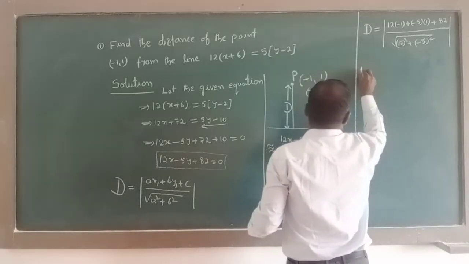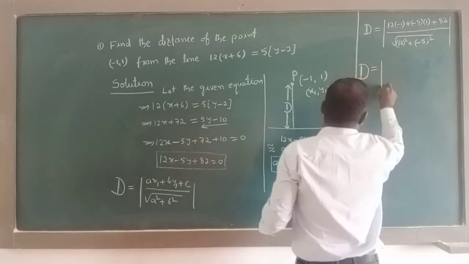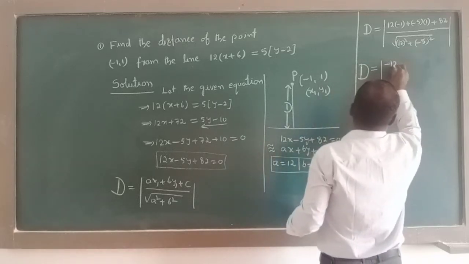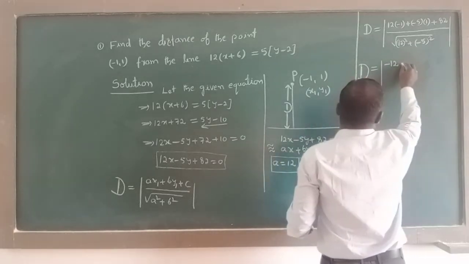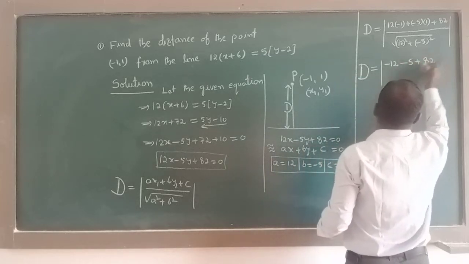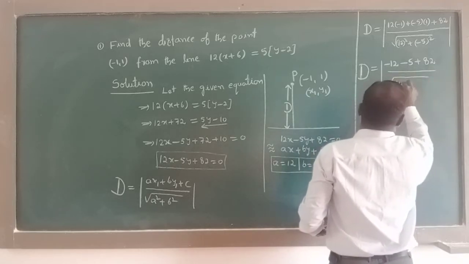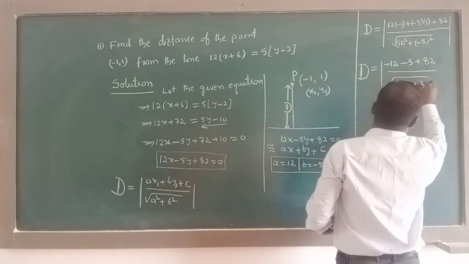D is equal to modulus of 12 into minus 1 minus 12, minus 5 into 1 minus 5, plus 82, whole divided by square root of 144 plus 25.